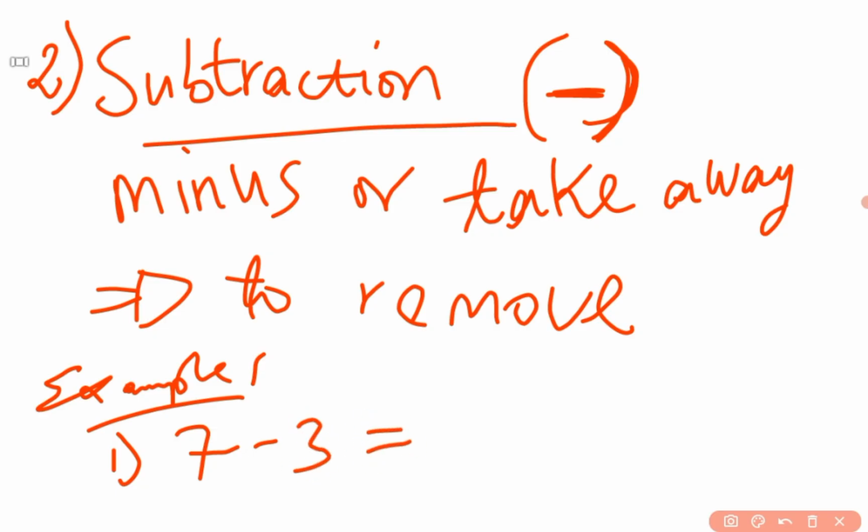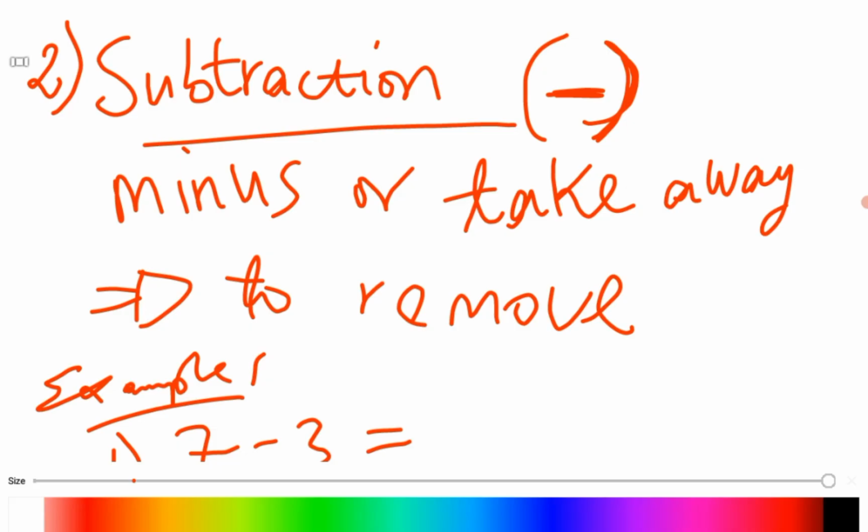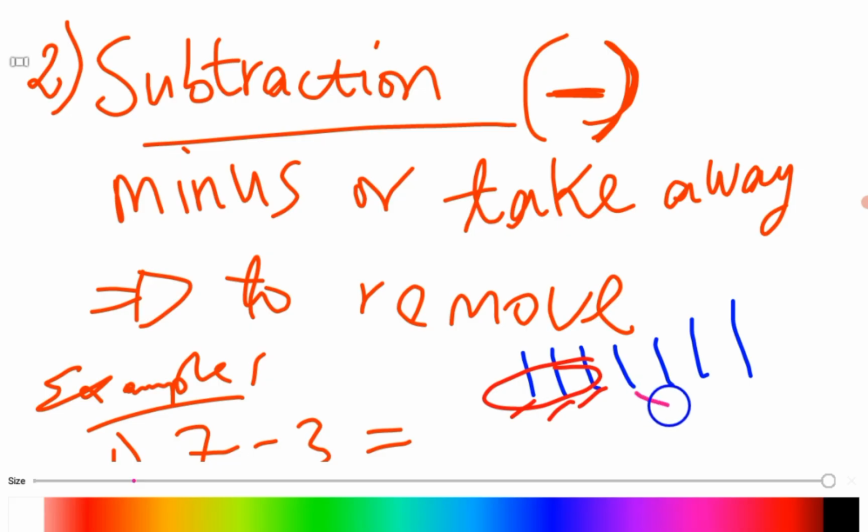We're going to count 7 strips: 1, 2, 3, 4, 5, 6, 7. Now let's take away 3. We'll count 1, 2, 3 and remove. Now our final answer is what? 1, 2, 3, 4. So that's how you do take away.